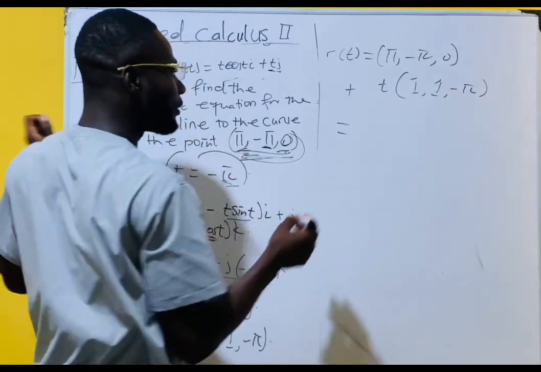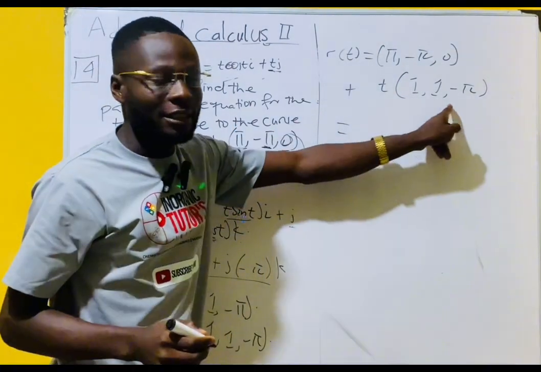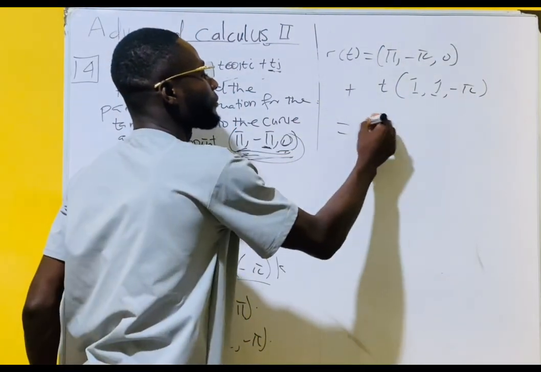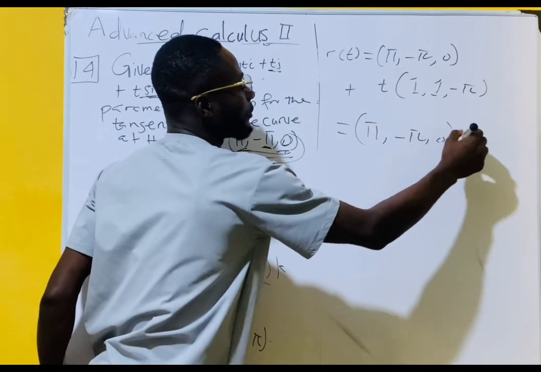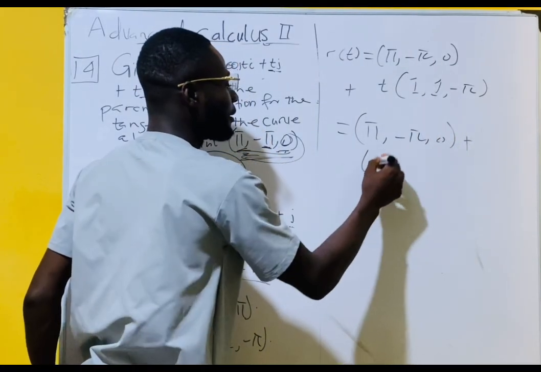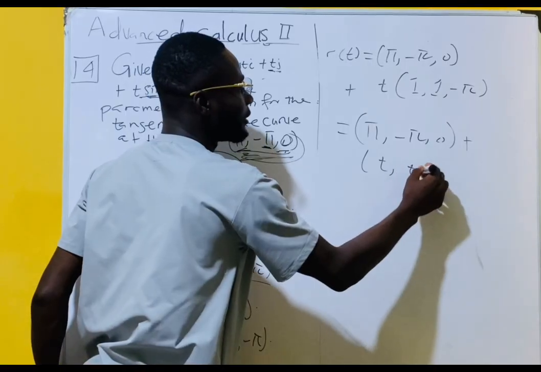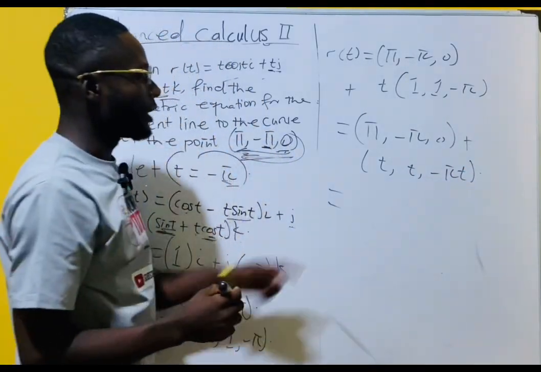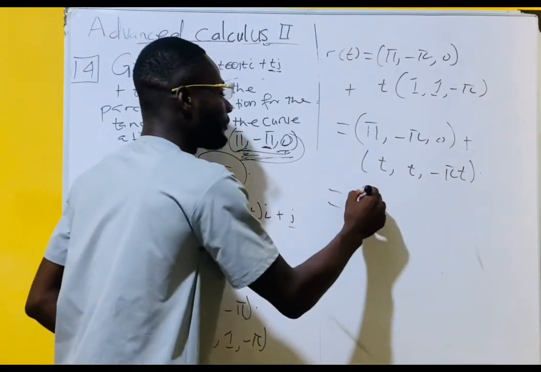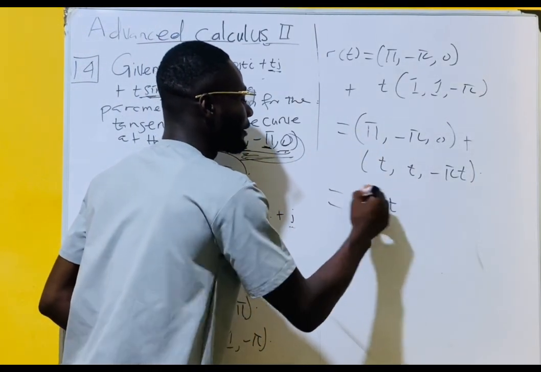So we expand this, we're going to have t, t, negative pi t. So we add this to this, so we're going to have pi plus t.